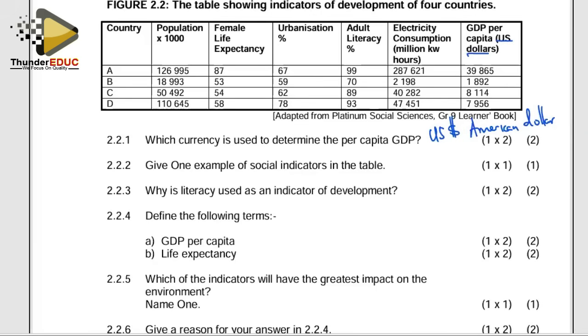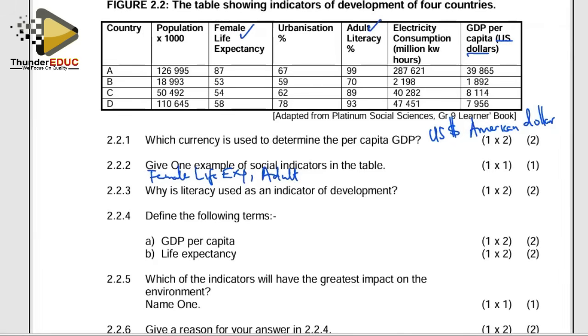Right. So, example of a social indicator that we have there, we have the first one, which is female life expectancy. Female life expectancy is one. And also, if you look, there's adult literacy. It has to do with the population.